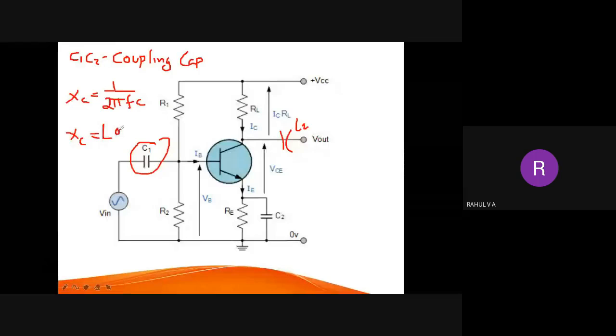If the frequency value is minimum, say for example 0, what about the Xc value? If frequency is nearly 0, not exactly 0, what will the Xc value be? Xc value will be high, correct?